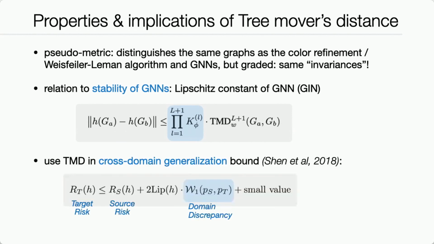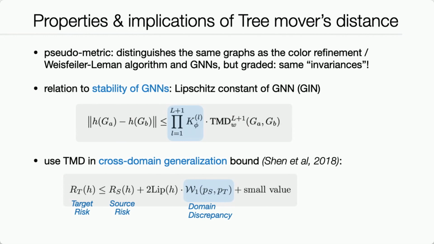The second thing you can do is look at learning theoretical bounds from domain adaptation. So this is a cross-domain generalization bound. The idea is that I have some source distribution, and I'm measuring the risk on the source, meaning the loss function on the source distribution, but I'm actually interested in some other distribution, the target distribution.